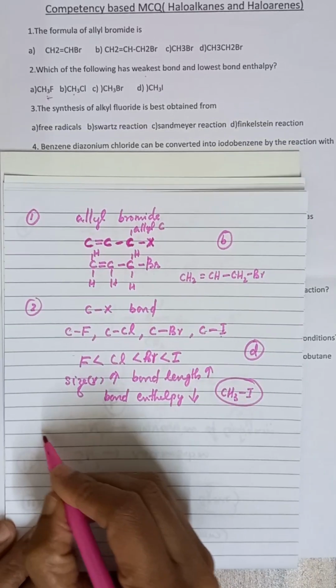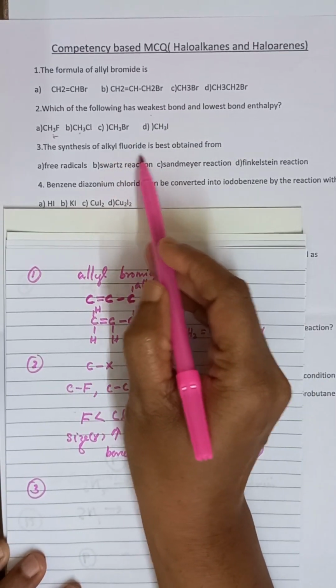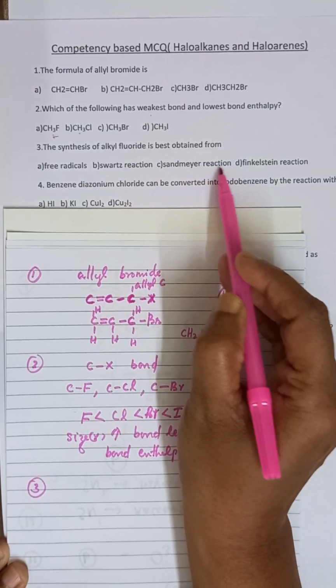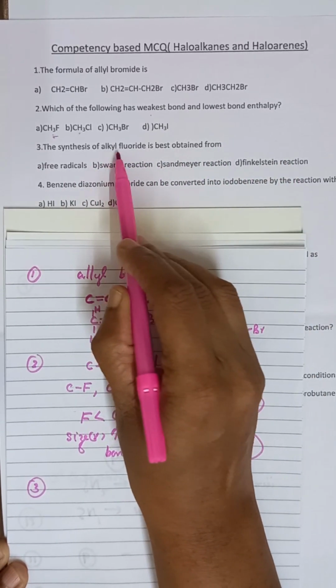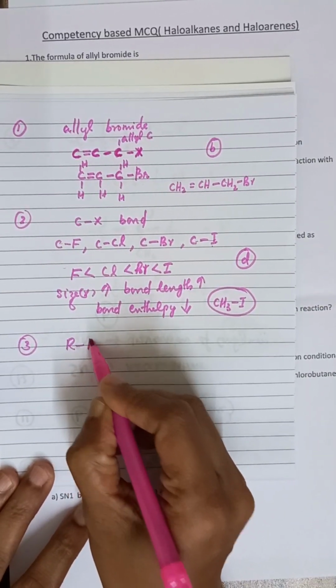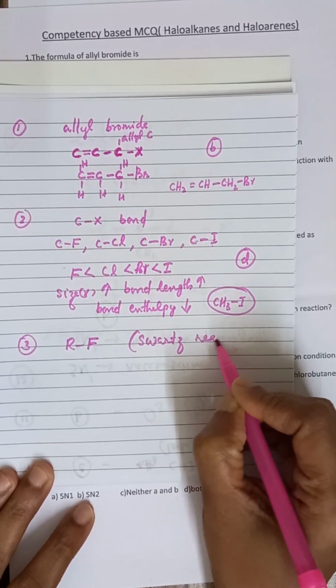Now let's see the third question. The synthesis of alkyl fluoride is best obtained from free radical, Swarts reaction, Sandmeyer reaction, Finkelstein reaction. So for the preparation of alkyl fluorides, the Swarts reaction is the best method.